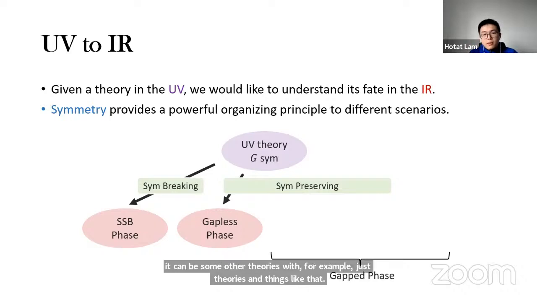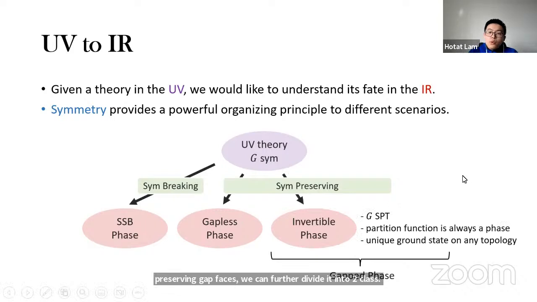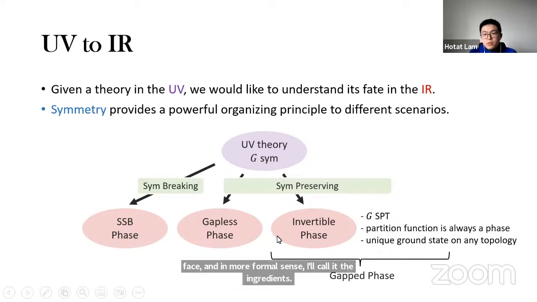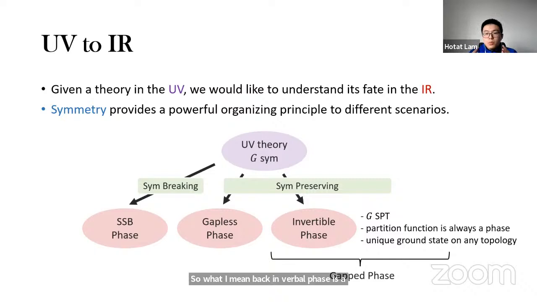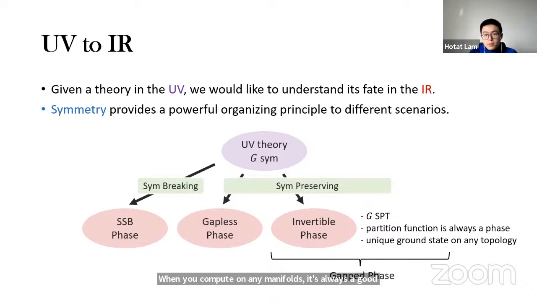In the other category, symmetry-preserving gapped phases, we can further divide it into two classes. One class is what people colloquially refer to as a trivially gapped phase, and in a more formal sense I will call it an invertible phase. By an invertible phase, I mean a phase whose partition function, when computed on any manifold, is always a phase; its modulus is always 1.